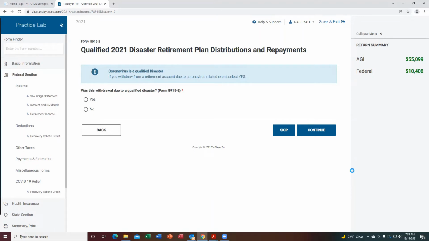And it's asking, was this withdrawal due to a qualified disaster? And it tells you at the top, coronavirus is a qualified disaster. And again, that's the reason this question is here. But in this case, for him, we know that it's a no, because it's for a different situation. And so we continue.